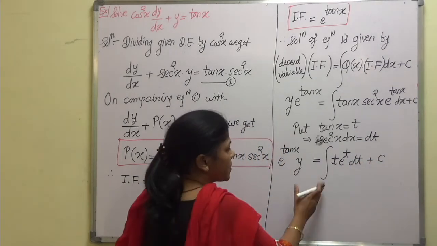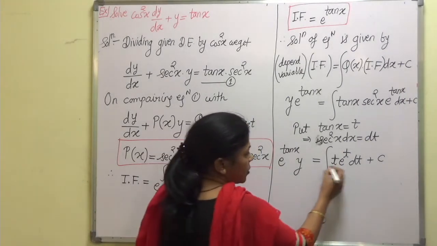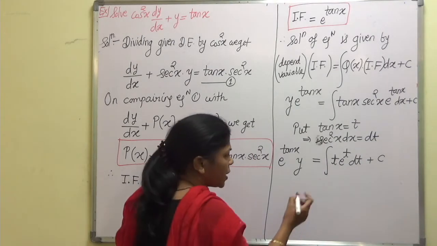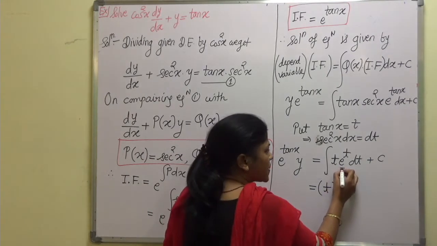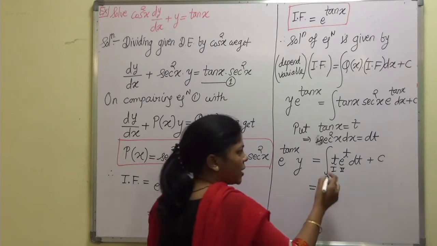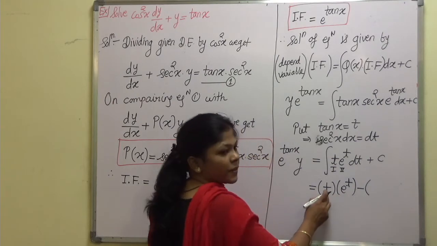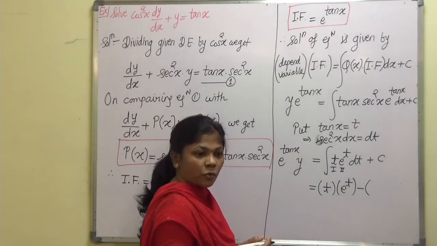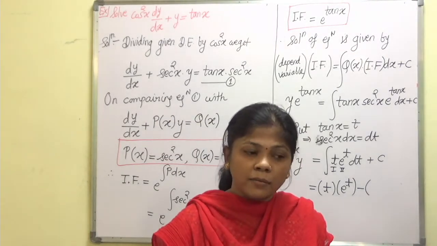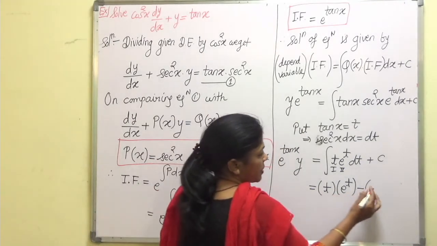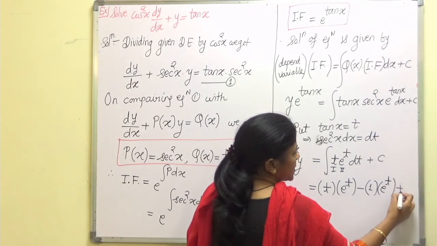Now here apply integration by parts, or successive integration by parts. According to that, what does it give? The first function is t, the second function is e power t. Integration of e power t is e power t, then minus the derivative of the previous first function, according to the successive integration by parts rule which we have discussed in the prerequisite classes. So the derivative of the previous first term is 1, again integration of this is e power t, plus c.